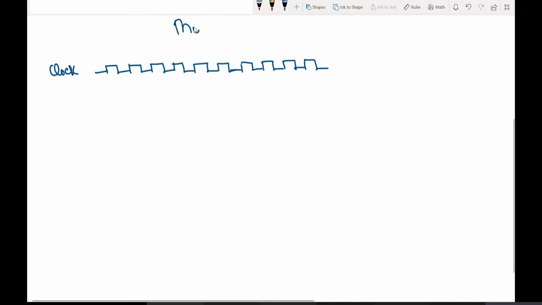So next we have is mode 1, and mode 1 is called Programmable One Shot. Okay. So what is one shot? I'll let you know.